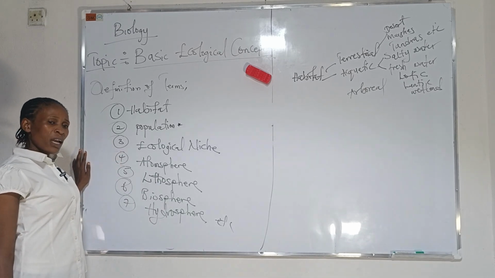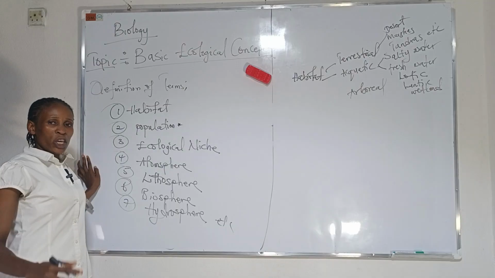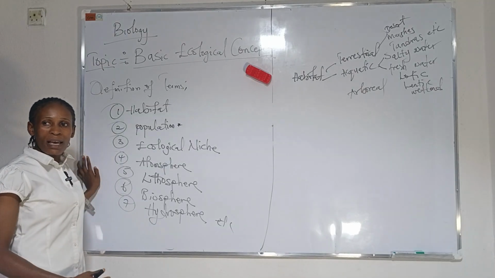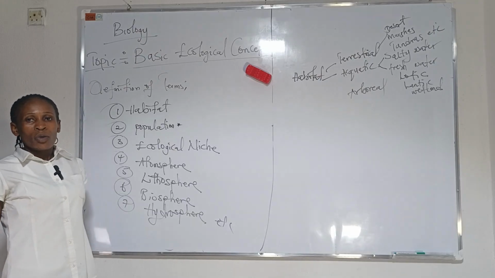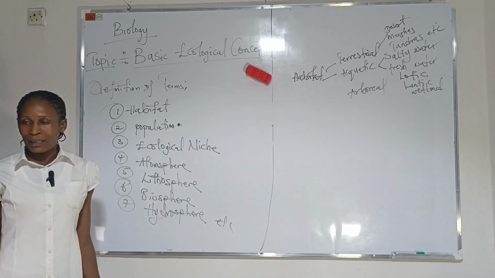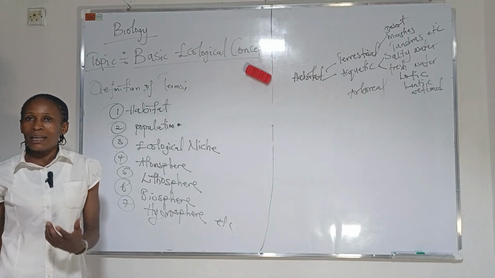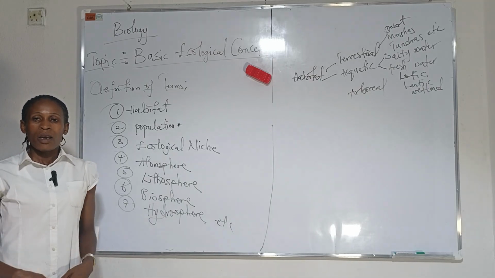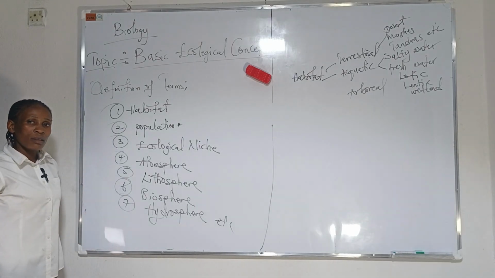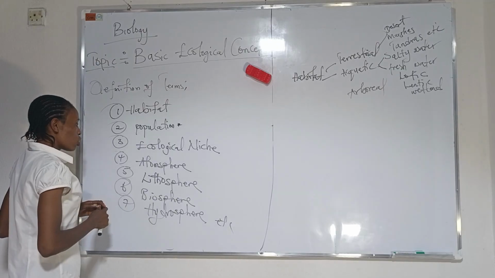Atmosphere. When you hear atmosphere, your mind should go straight to the part of the earth that contains air. Remember, we said that air is a mixture of gases. That means the air that you are taking in contains some gases.